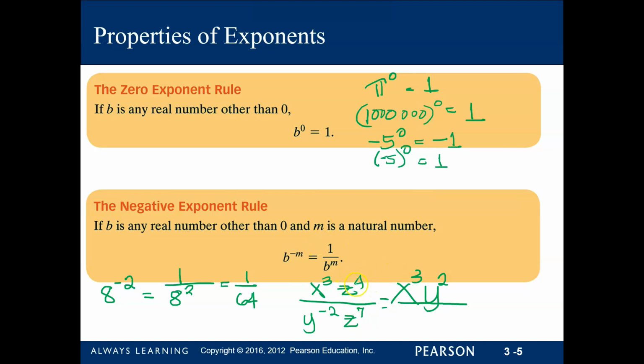So the z is going to be z to the fourth minus 7, which will give us z to the negative 3. And you know that when we have a negative exponent, that goes in the denominator. So z will be placed in the denominator. So this is the final answer in our exponents here, the exponent rules. All right? So that's it for exponents.